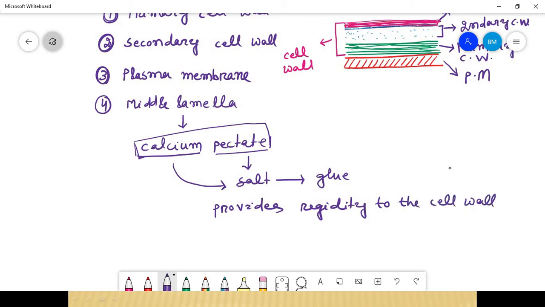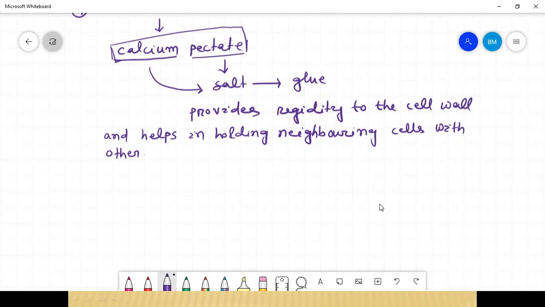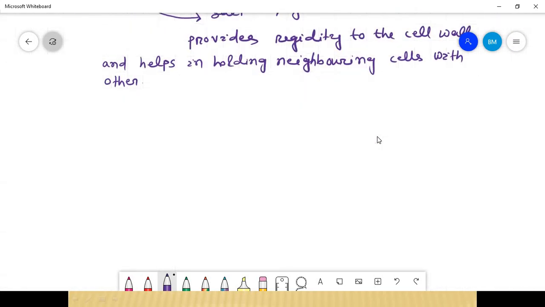and helps in holding other cells or neighboring cells with each other. So this is the component which is present in the middle lamella.